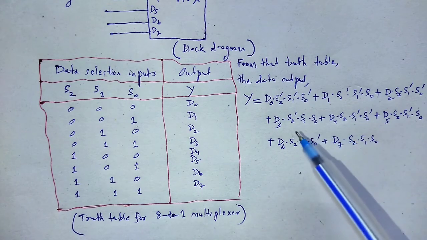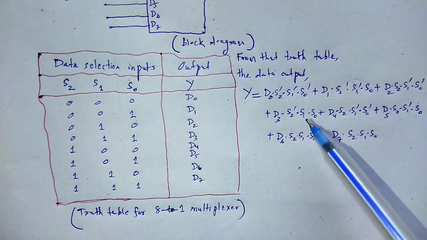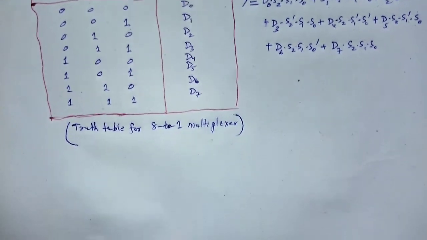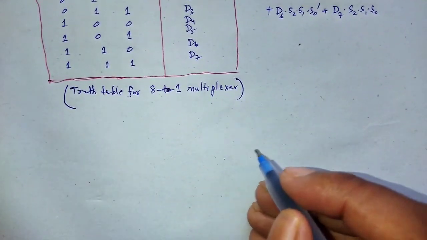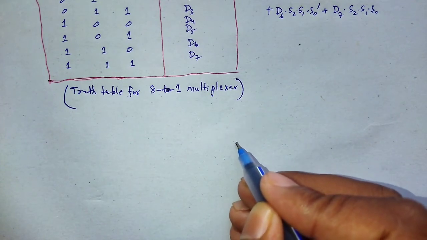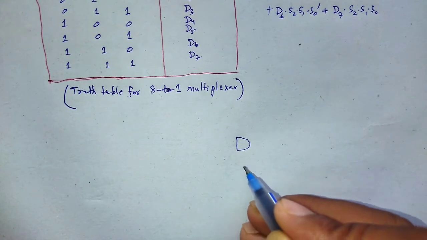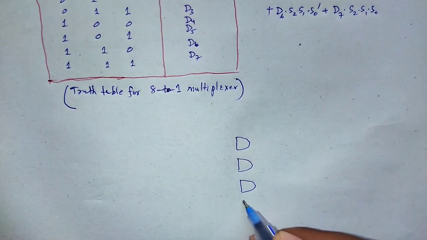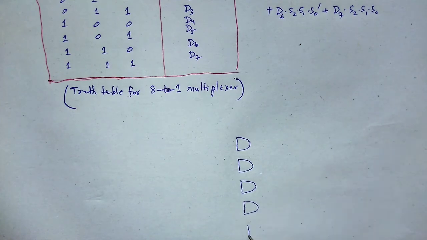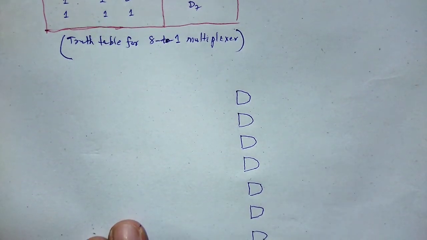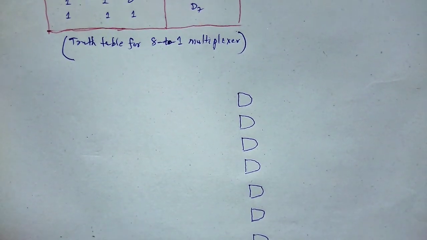First, we construct it by taking 8 number of AND gates. 8 number of AND gates are chosen.